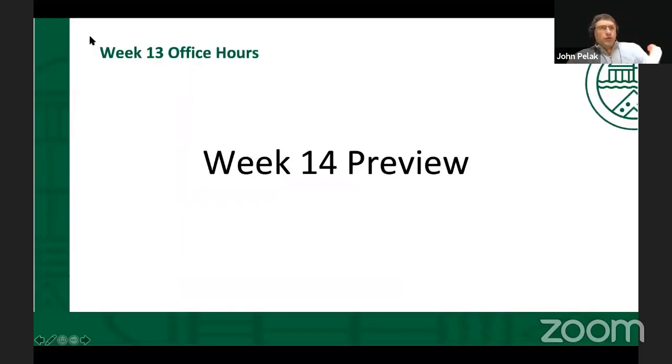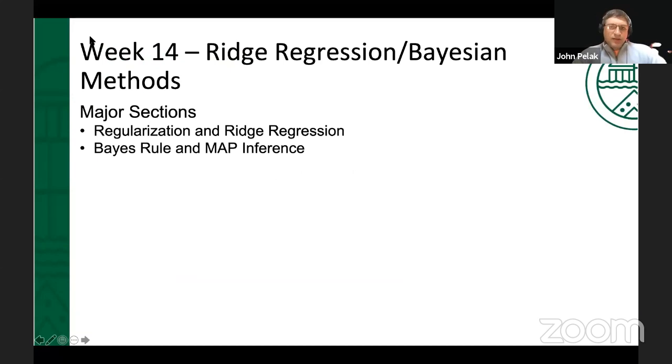All right, so week 14 gets into ridge regression and Bayesian methods, right? Ridge regression tries to handle the case where a lot of the data points that you receive are quite similar, or linearly dependent, I guess is the way to describe that.